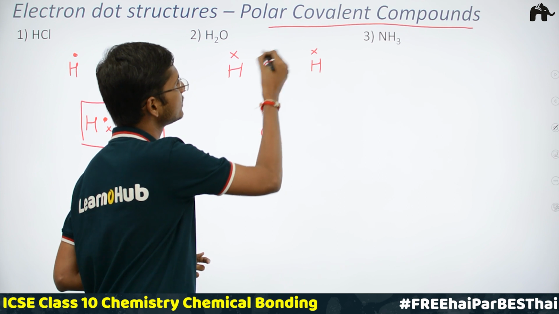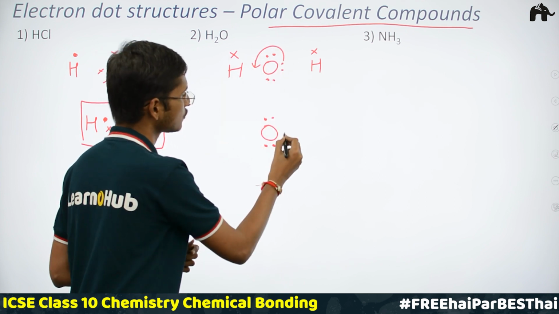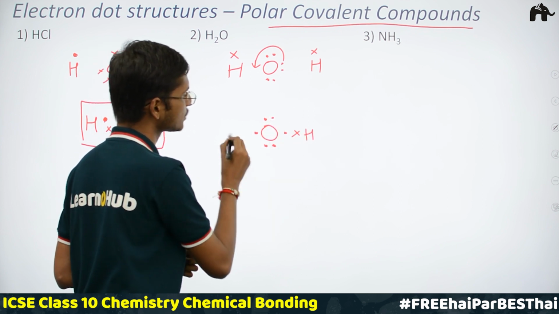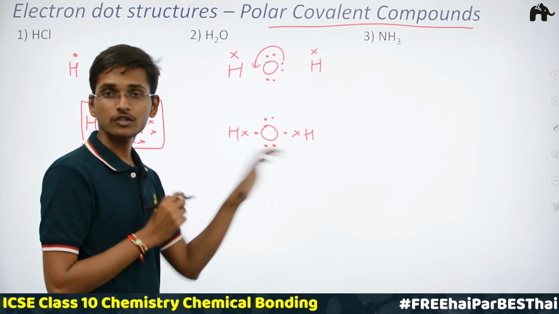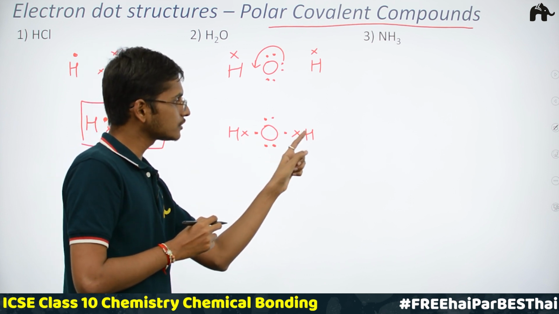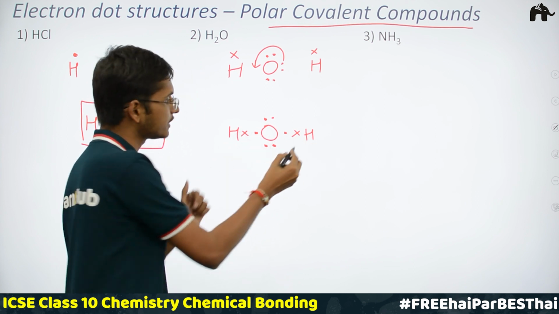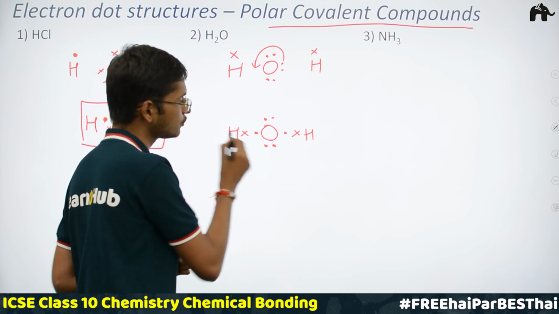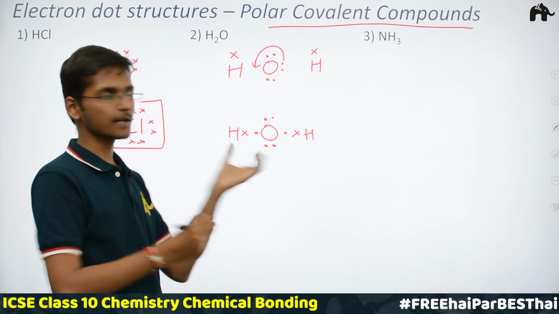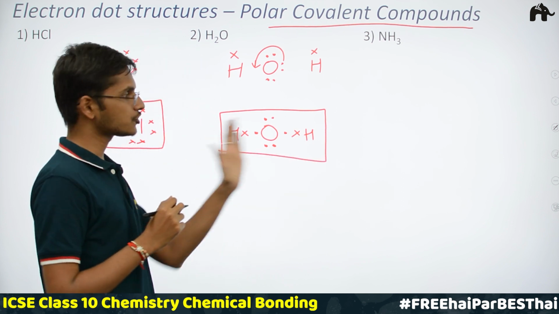This electron, it would bring here. This electron, it would keep here itself. So here and here. And what would hydrogen do then? Hydrogen is ready to share its 1 electron with oxygen, because it would get 1 more electron from oxygen. Here also it is getting 1 more electron from oxygen. So by sharing, it is completing its duplet, see, 1 2, 1 2. And in case of oxygen, see, 1 2 3 4 5 6 7 8. Oxygen is also very happy. So this is the electron dot structure of water, H2O.